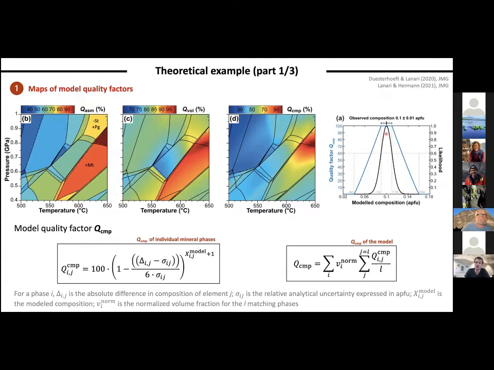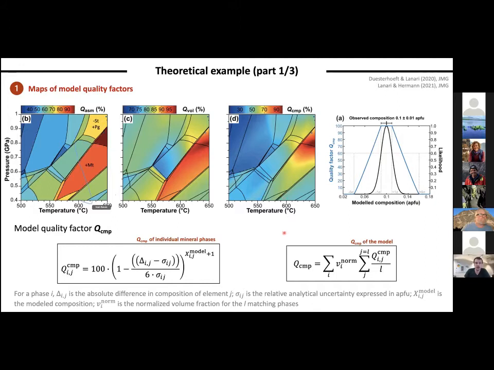If the model is within plus or minus 1 sigma, that's the blue curve, then the model quality factor is 100%. If it's outside the 6 sigma range, then it's 0%. And the shape of the function is controlled by the exponent in the equation. We can sum up for every element and every mineral, and we obtain this map of QCNP that shows you the best intersection of all isoplethes.